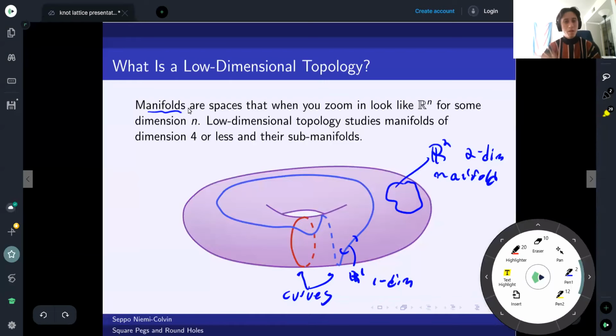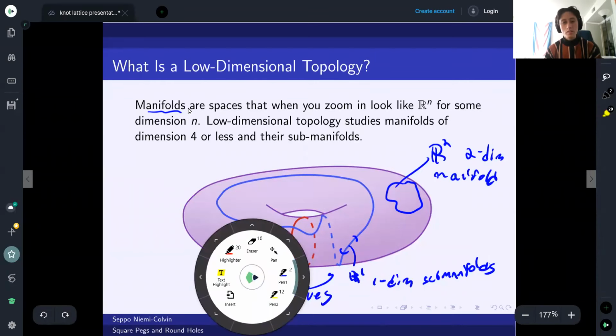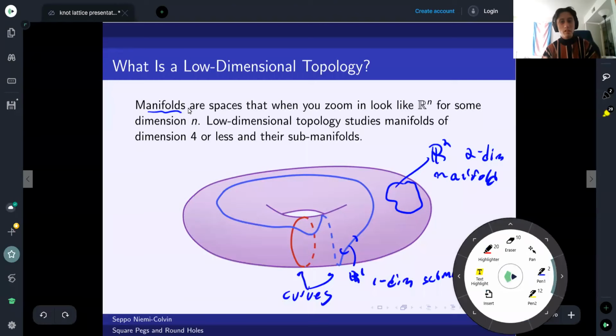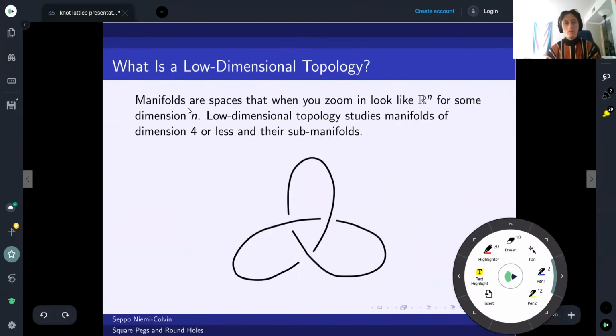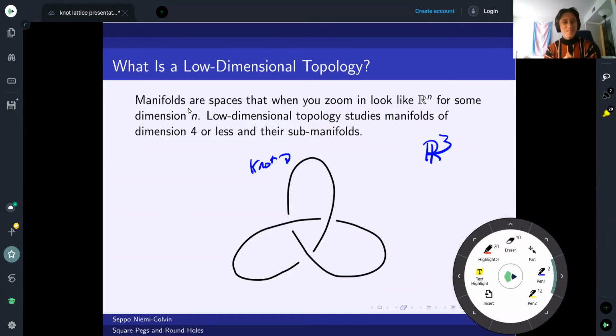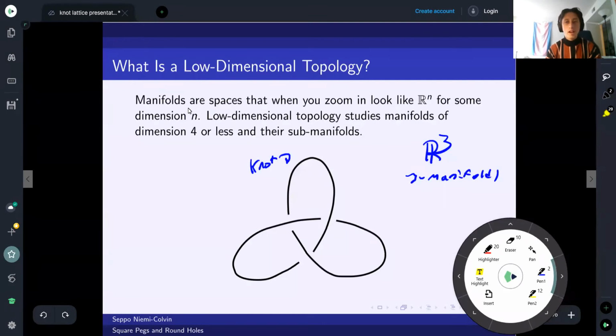They're manifolds inside our manifold. And this is a particular case where we can easily picture it. Another example to keep in mind is this knot, which is sitting inside R^3. R^3, when you zoom in, looks like R^3. That is a three manifold, and here we have a one manifold inside it.